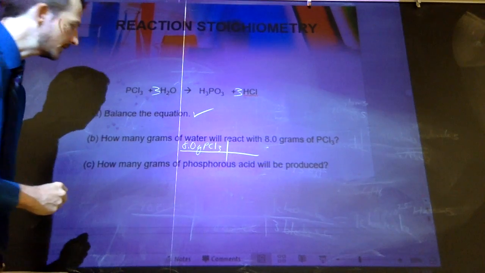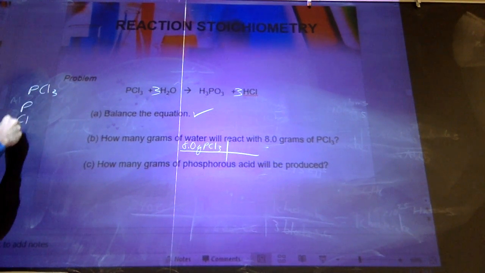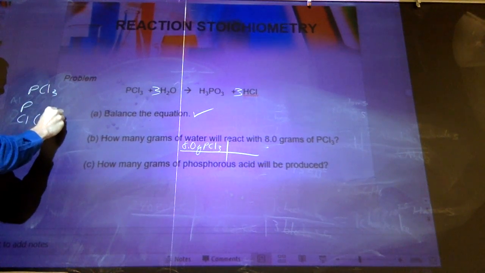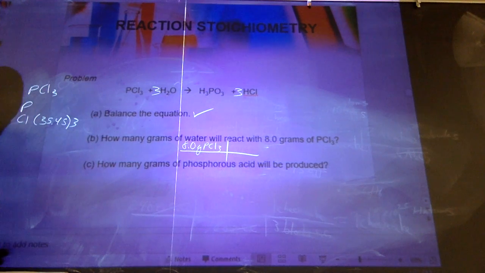Okay, 8 grams of PCl3. So I need my molar mass because I need to convert to moles, so I go from one reagent to the other.